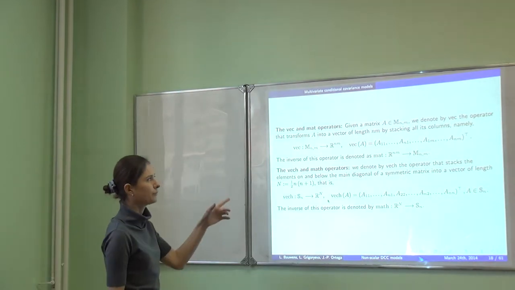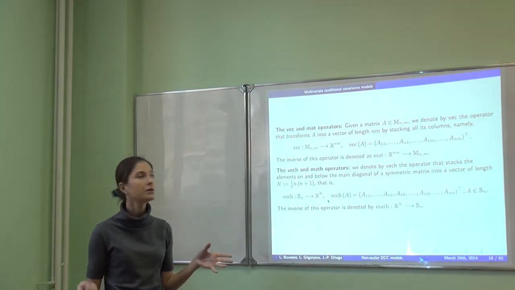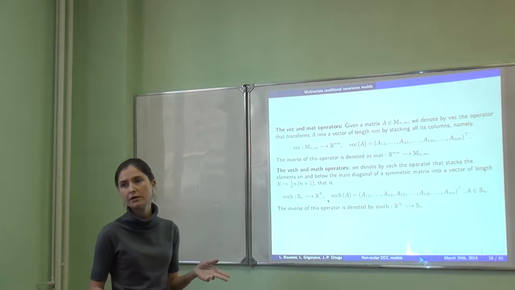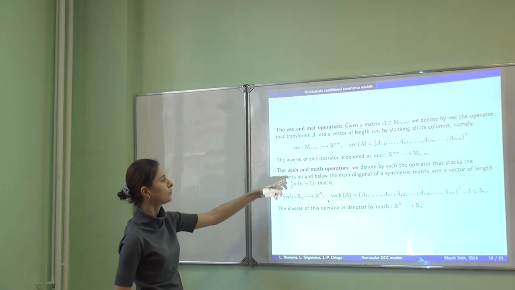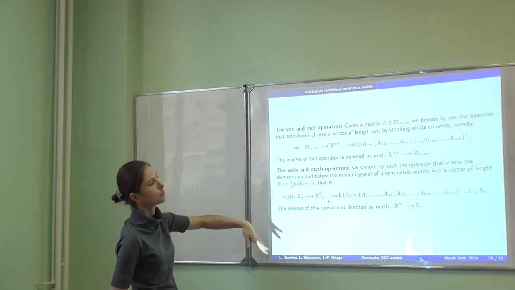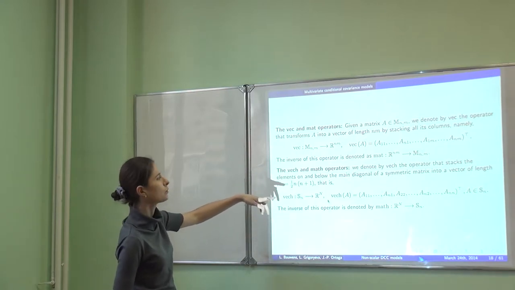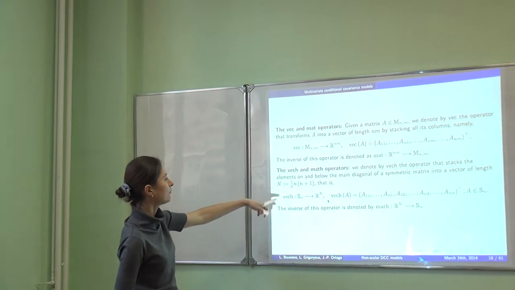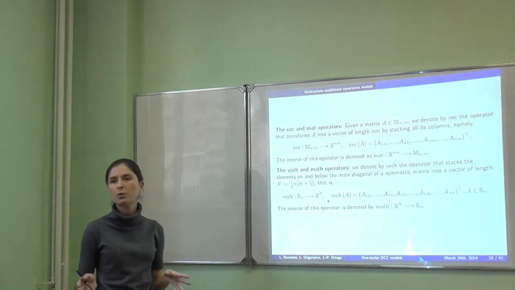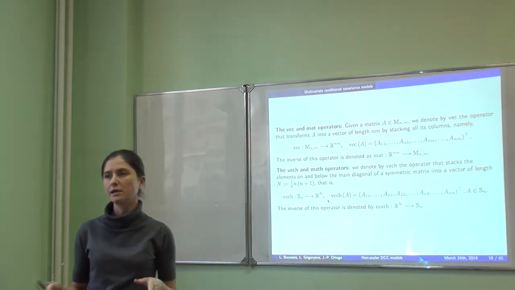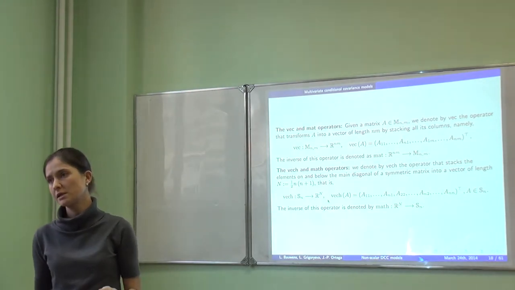The VEC operator does nothing but, given some matrix of dimension n by m, stack all the values into a vector. Then we also have the VECH and MATH operators, and for all these operators we always have the inverse, and sometimes we need the adjoint operators. VECH is a little better for our setup, because any model we are working with deals with conditional covariance matrices or conditional correlation matrices, and these matrices are symmetric.